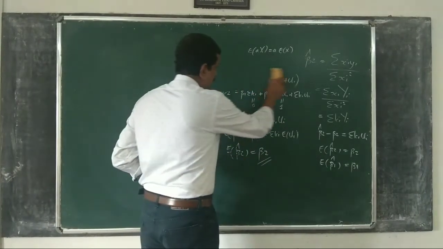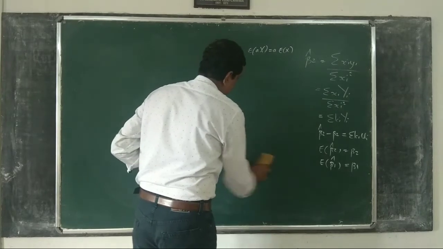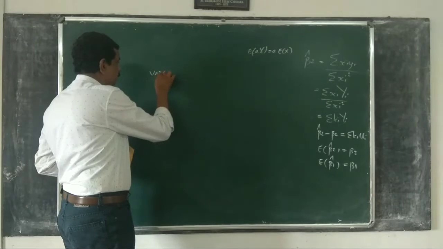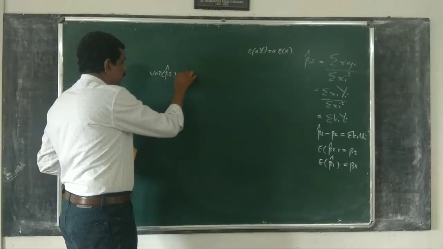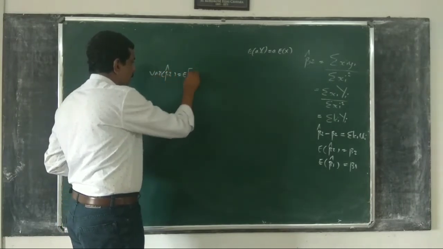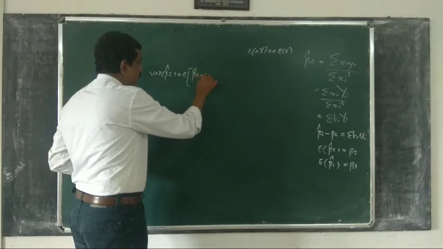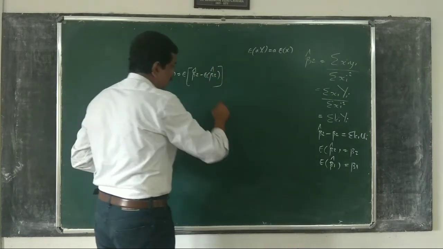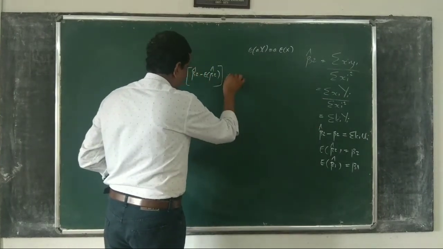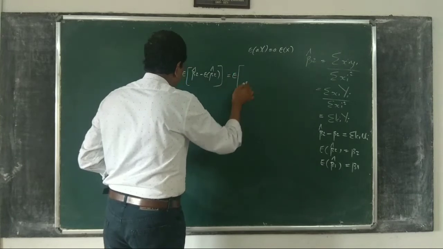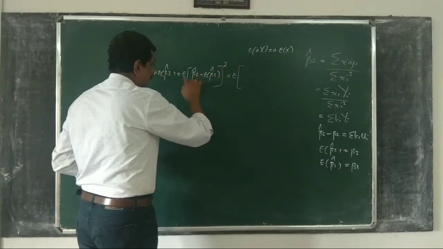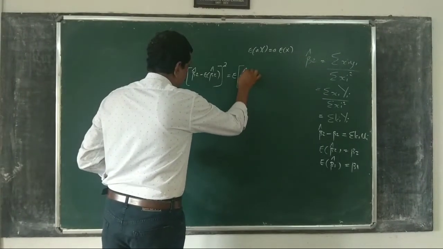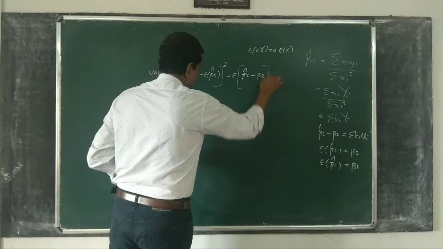Now let us see the variance of beta 2 hat. Variance of beta 2 hat is given as expected value of beta 2 hat minus expected beta 2 hat, the whole square. Since expected beta 2 hat is equal to beta 2, this is expected value of beta 2 hat minus beta 2 the whole square.